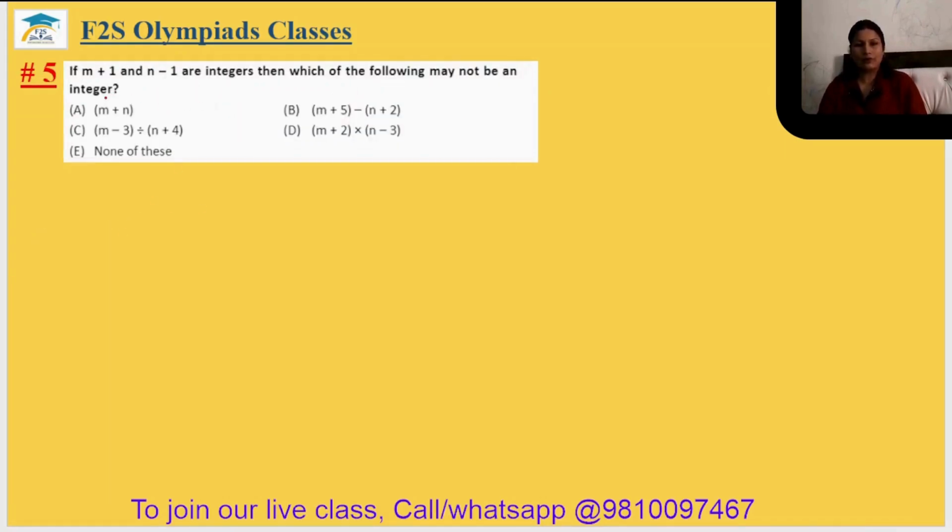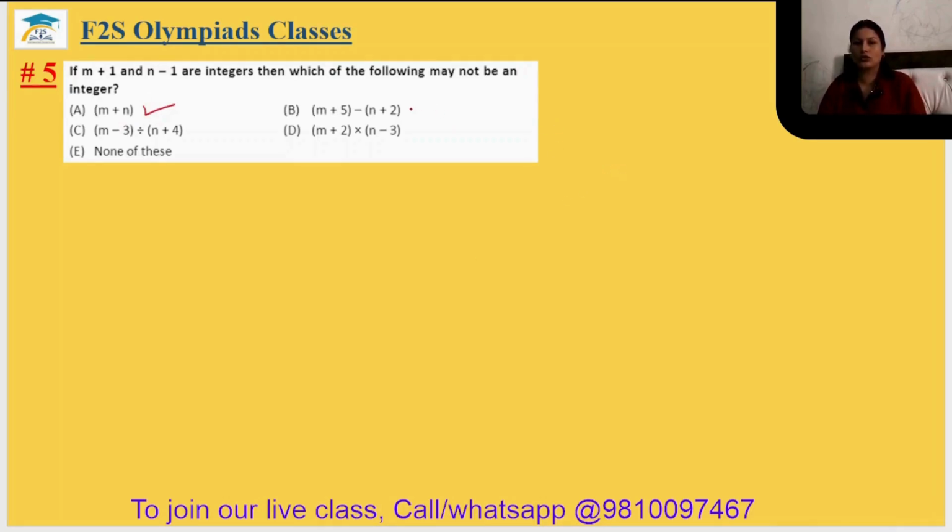Okay. Question 5. If m plus 1 and n minus 1 are integers, then which of the following may not be an integer? M plus n can be an integer because addition follows the closure property in integers.